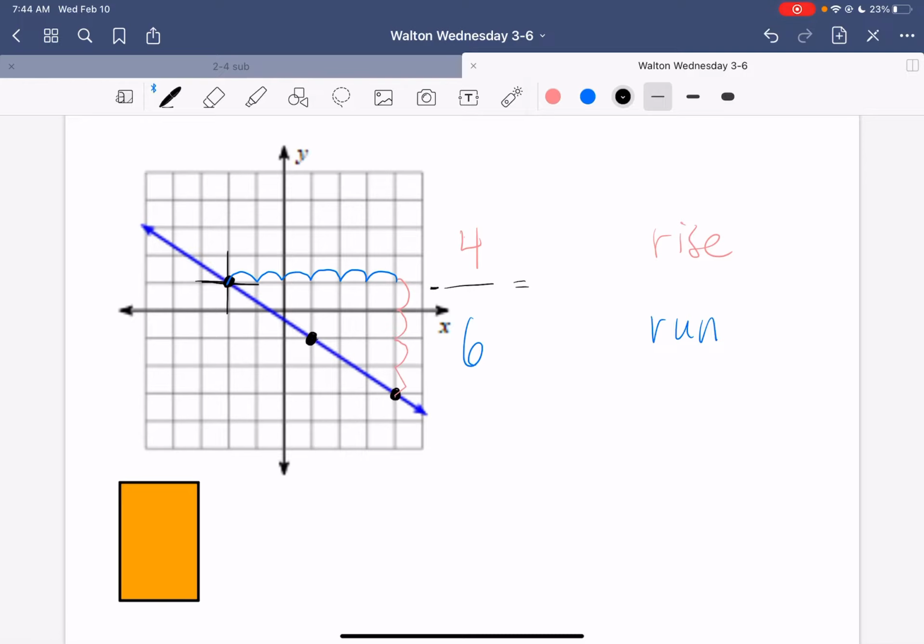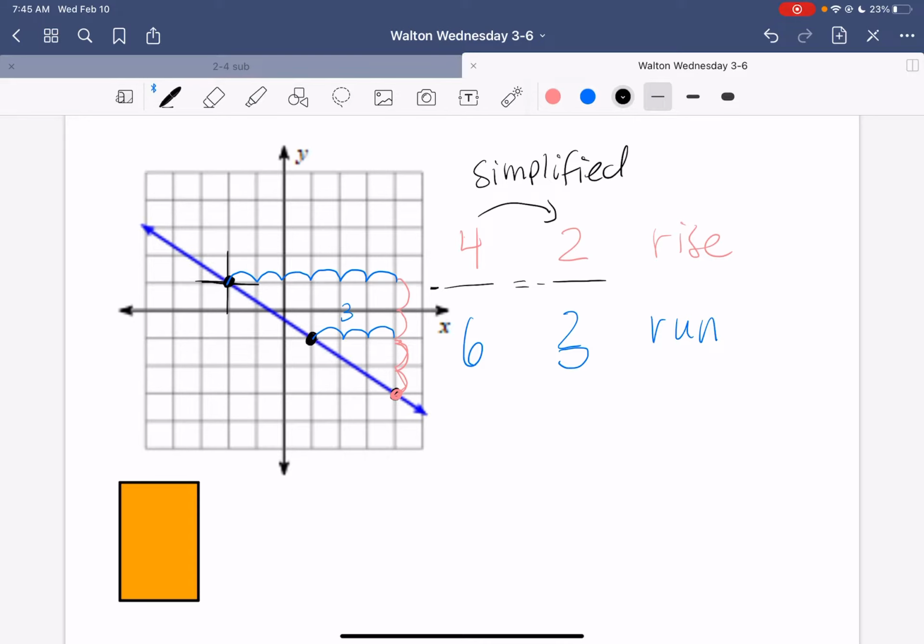But we also recognize if you use your other pretty points, so if I start down here again and I rise 1, 2, so I rise 2 and I run 1, 2, 3, what we need to recognize here is that this is just the simplified version of the first.